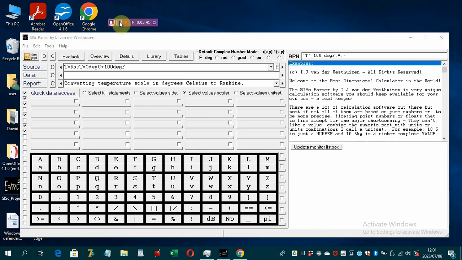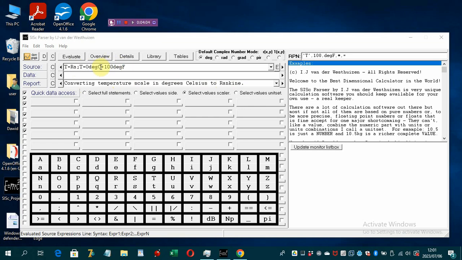Okay. In this example, we're converting temperature scale in degrees Celsius to Rankine. T equals Rankine, that will be a temperature now, and T equals the 0 of degrees Celsius, or 0 degrees C, that's a constant, plus 100 degrees Fahrenheit.